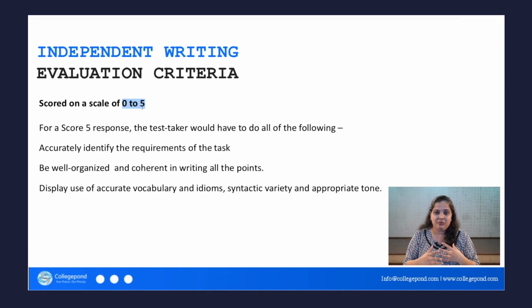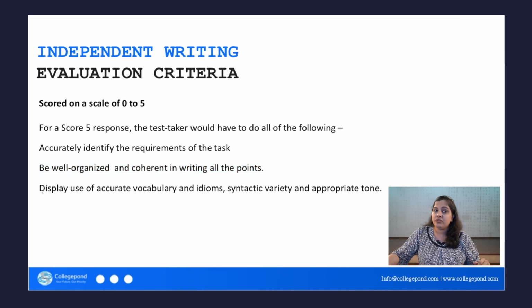What do you need to get these kind of scores? To begin with, you will have to accurately identify the requirements of the task. So this was the same as the previous integrated task that we discussed. You also have to be well organized and coherent in writing your points, which is a given. There's no escaping that.